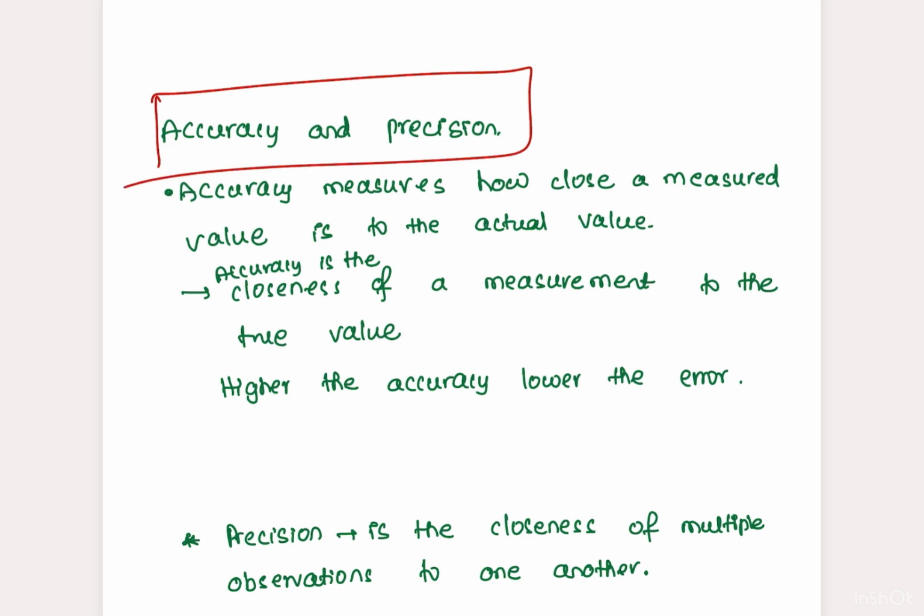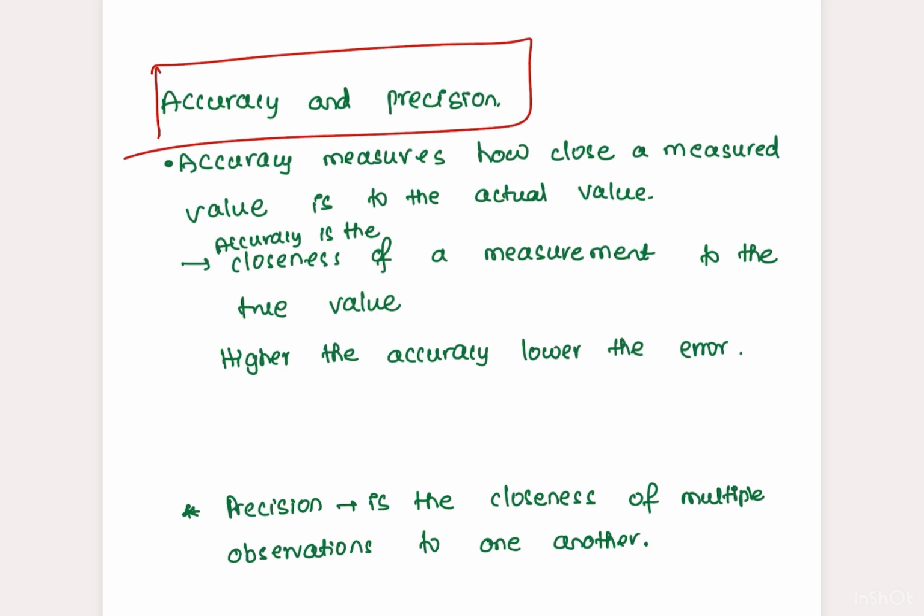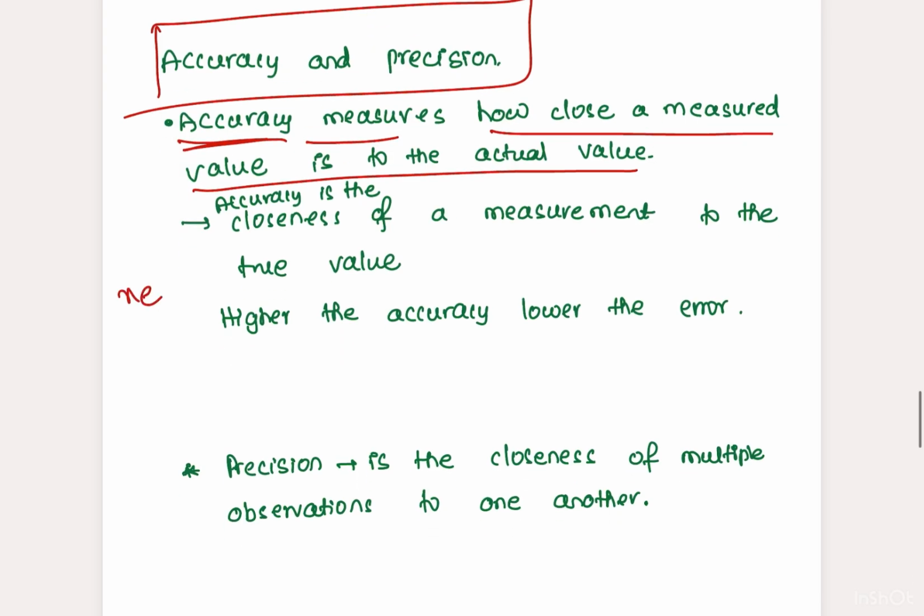So what is accuracy and what is precision? Accuracy measures how close a measured value is to the actual value. Suppose we have one exact value xe and an approximate value xa. If the difference between xe and xa is very small, like 0.00 something, so these two are very close, then those two are said to be accurate values.